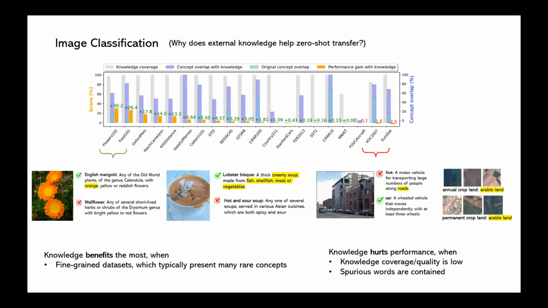This makes sense because oftentimes for these datasets, we have so-called rare concepts, and external knowledge provides descriptions for this concept, such as the color information or the shape information, and therefore it converts the rare concept into more common concepts or words. Second, we also look at in which cases external knowledge actually hurts the model performance. It turns out it hurts when the quality of the knowledge is low, or the external knowledge contains some words that confuse the model.